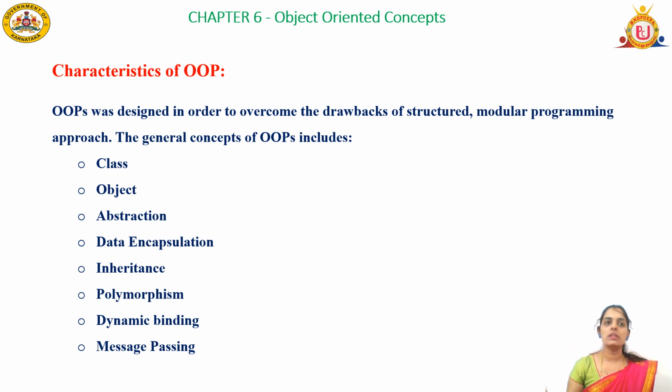And the general concepts of OOP include class, object, abstraction, data encapsulation, inheritance, polymorphism, dynamic binding, and message passing. We are going to study in detail regarding all these topics.